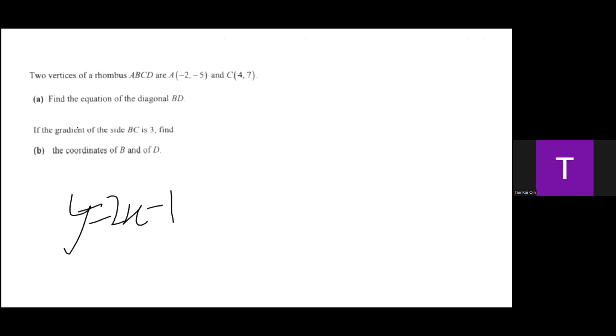Now, in a rhombus, the two diagonals shown here bisect each other at 90 degrees. Since they bisect each other at 90 degrees, there is a formula saying that the gradients of these two line equations, the first one being this one and the other being the unknown, which is the line equation of diagonal BD, multiplied by each other will equal negative 1.